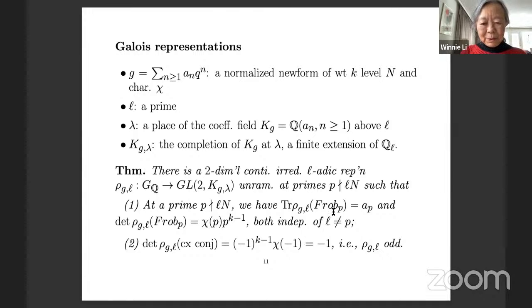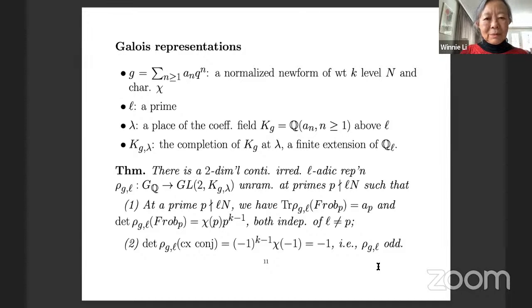So both trace and determinant, in other words the characteristic polynomial of the Frobenius at P, are independent of the choice of L, as long as it's not equal to P, and independent of lambda above L. Another important feature is that the determinant of the representation at complex conjugation is minus 1, so in other words, such a representation is odd.